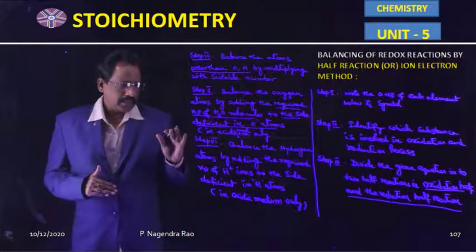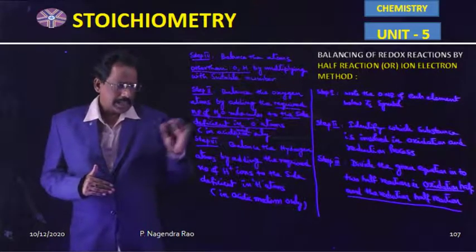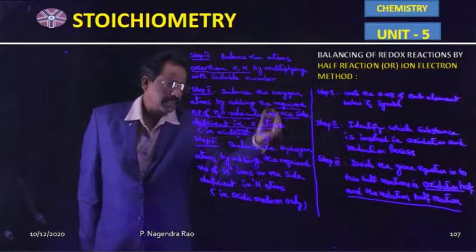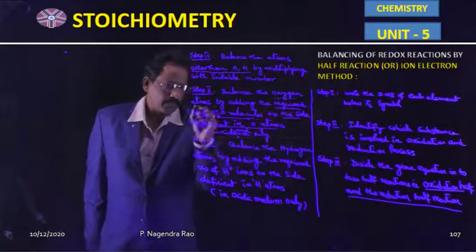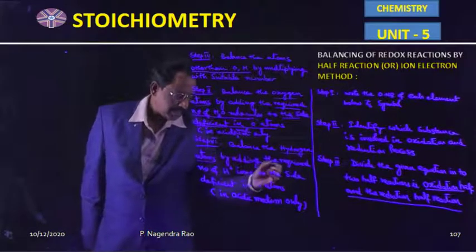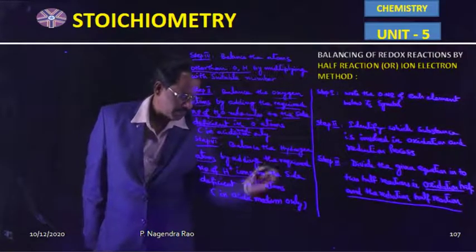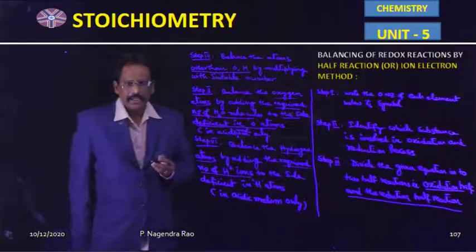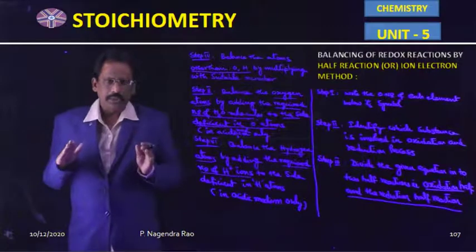To balance the hydrogen atoms, add the required number of H plus ions to the side deficient in hydrogen atoms.